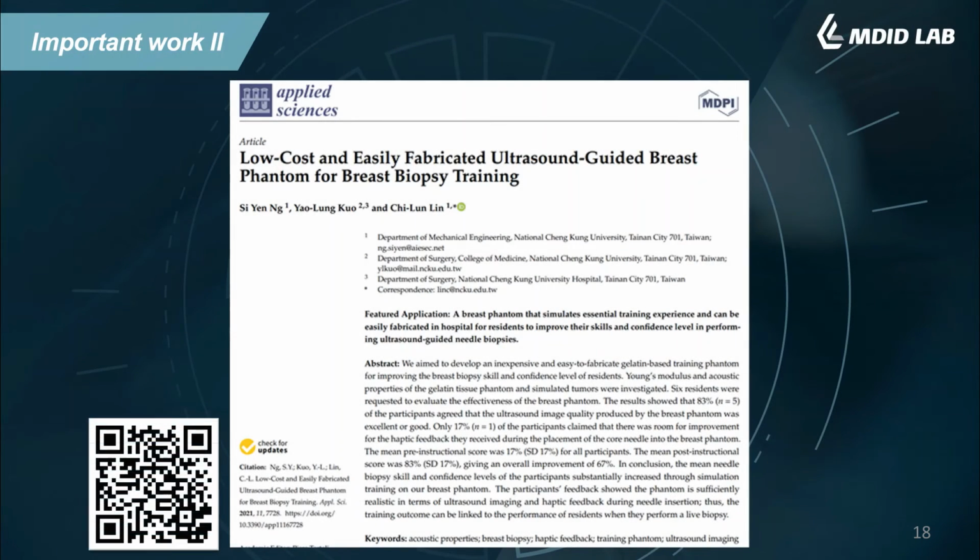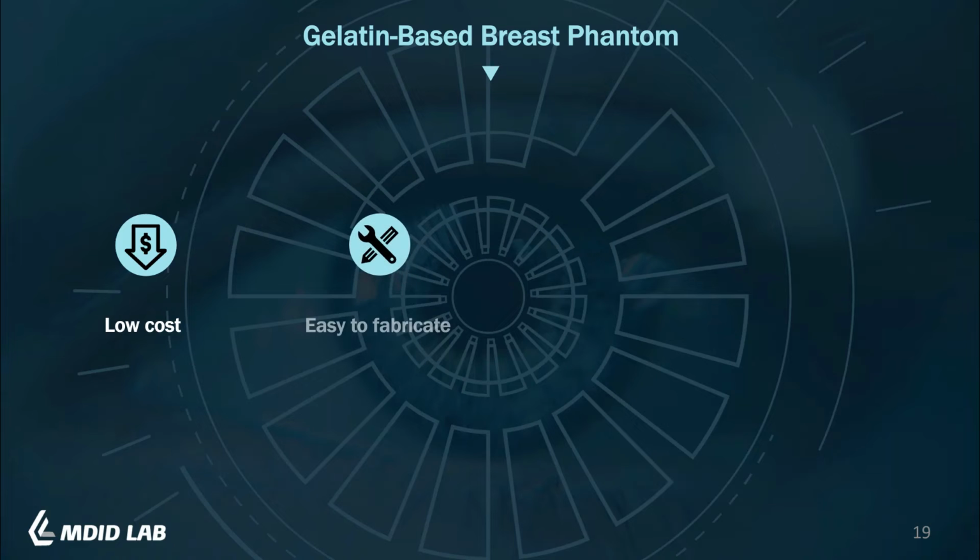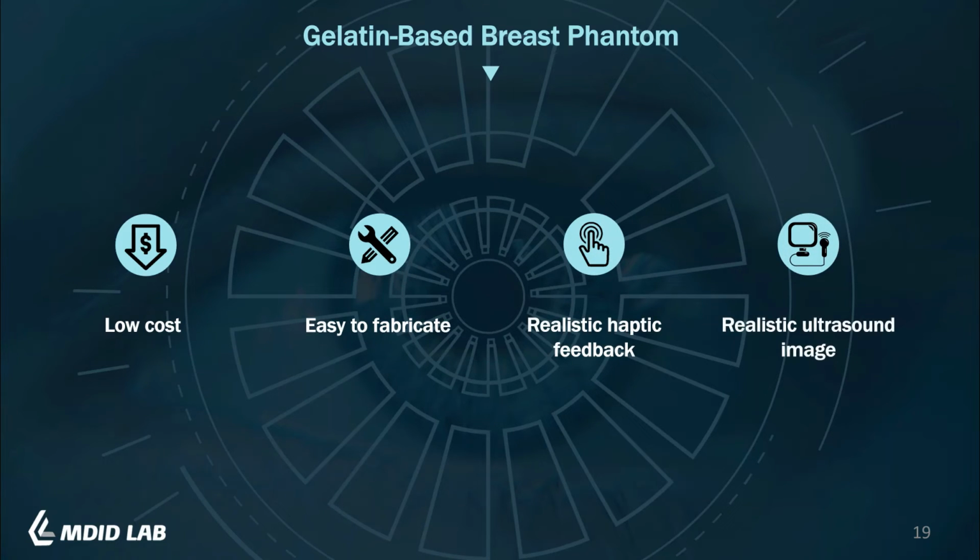Other than that, we also developed a gelatin-based phantom for breast biopsy training. This study aimed to develop a low-cost and easy-to-fabricate gelatin-based phantom embedded with simulated tumors that could provide the resident with realistic haptic feedback.